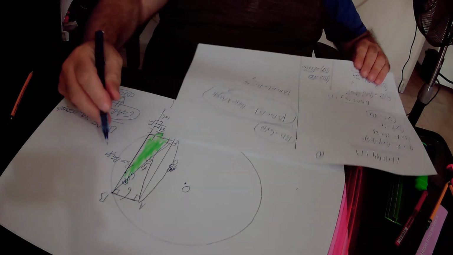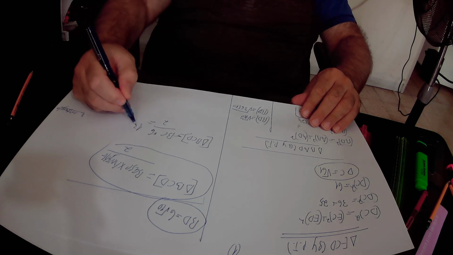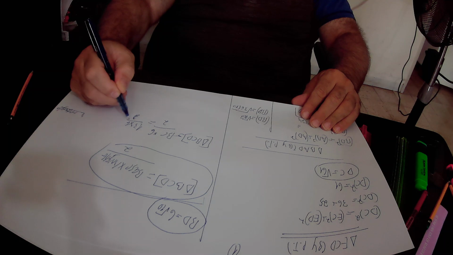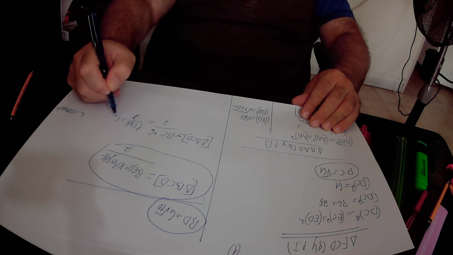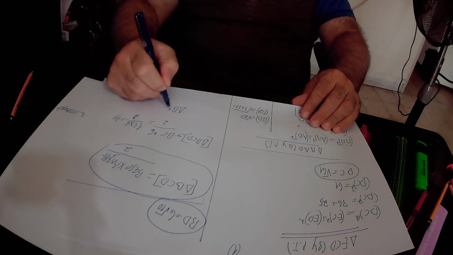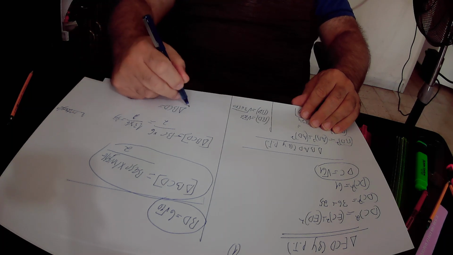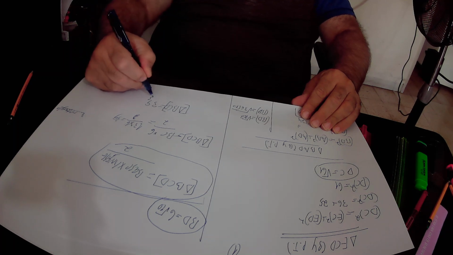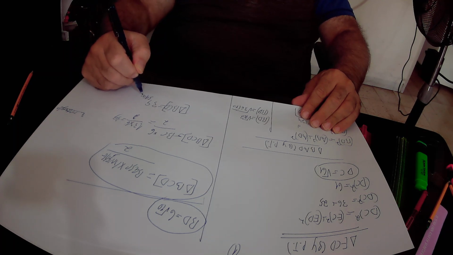BC equals 13 units, so we substitute BC by 13 times 6 over 2. 6 over 2 is 3, and 3 times 13 is 39. So in conclusion, we found out that the area of the green triangle BCD is equal to 39 square units.